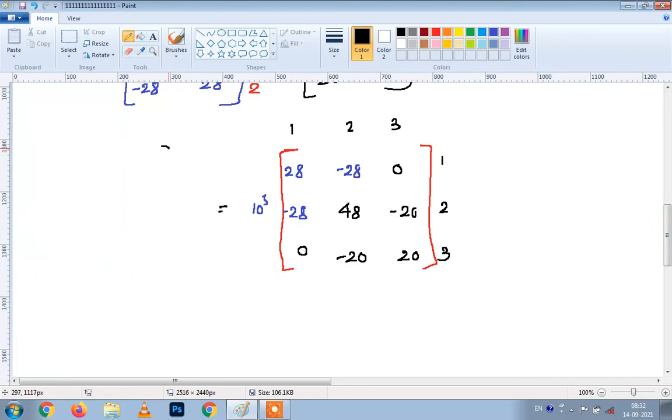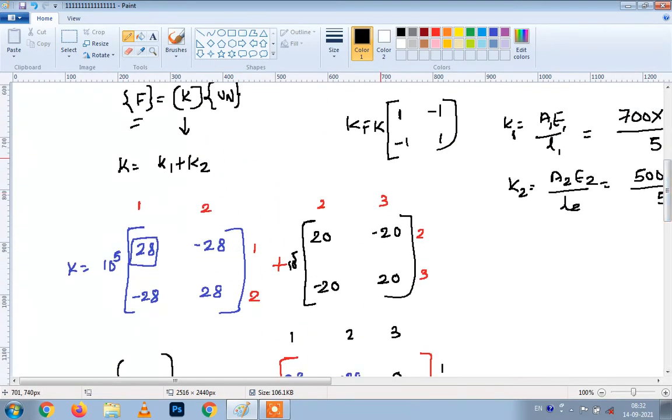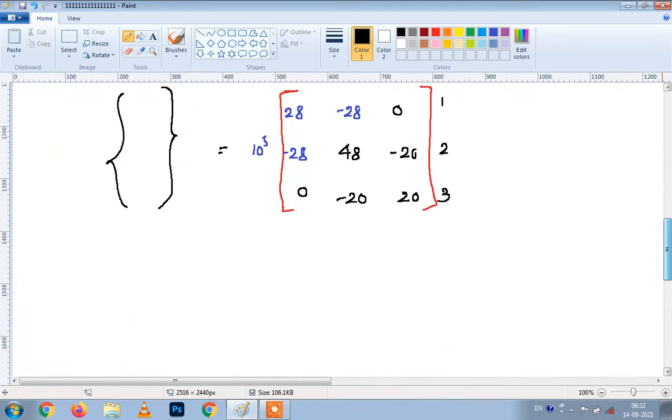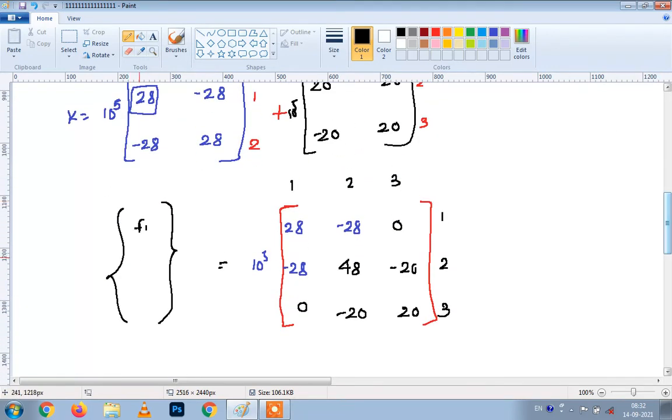Now the formula is F is equal to K U. The force vector will be F1, F2, F3, and the nodal displacement vector will be U1, U2 and U3.